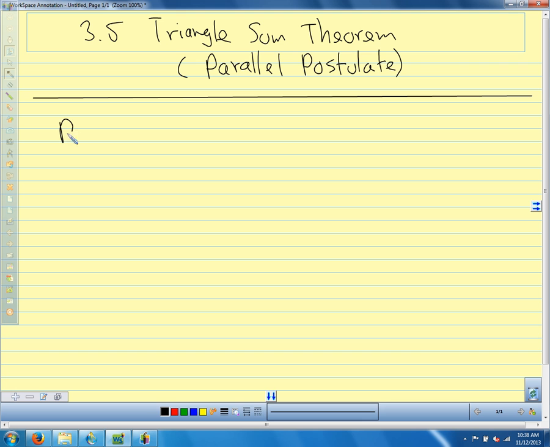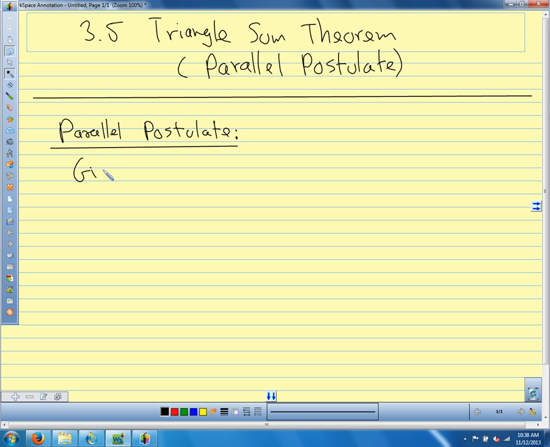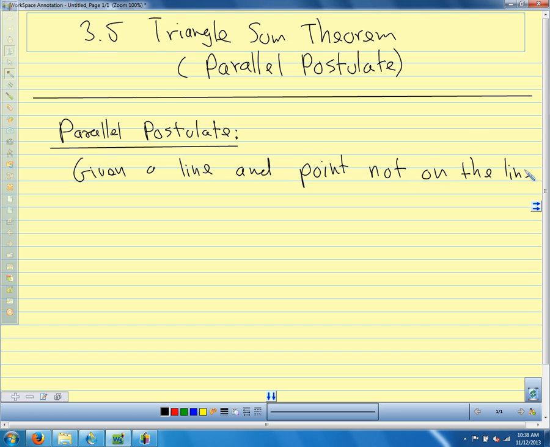So our parallel postulate says that if we're given a line, and a point that's not on the line, so we're in the plane here, we're not in space, we're in the plane.